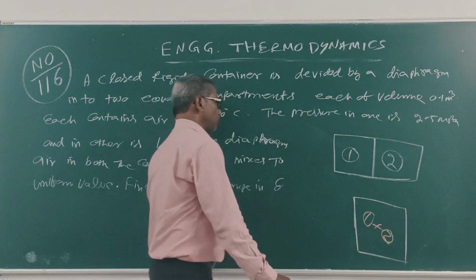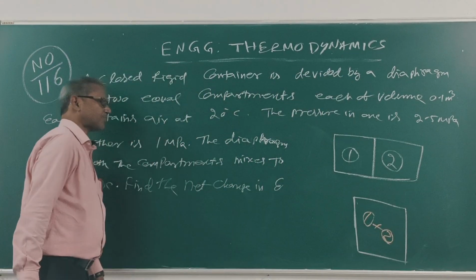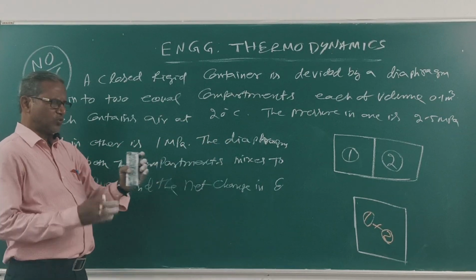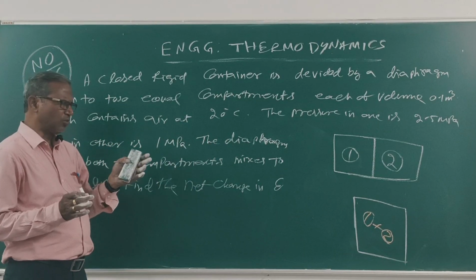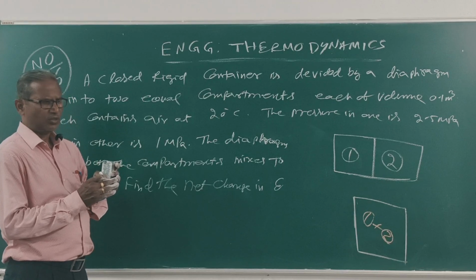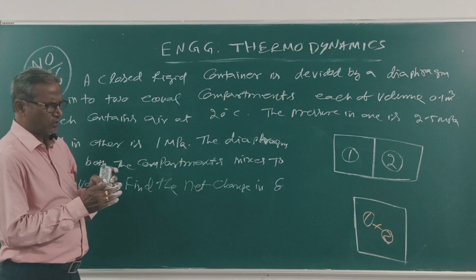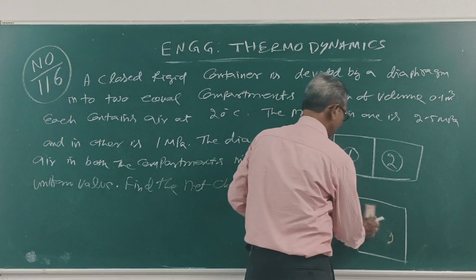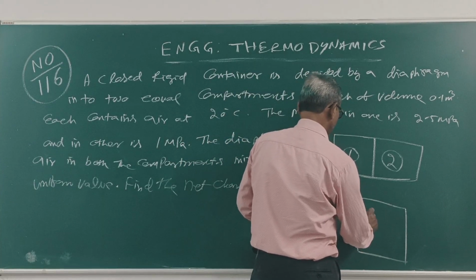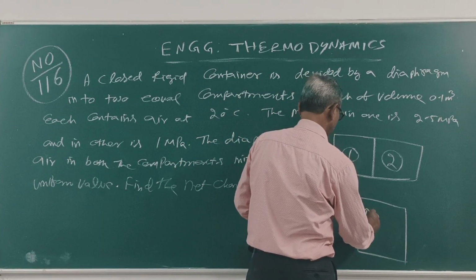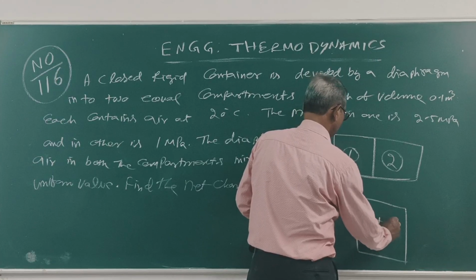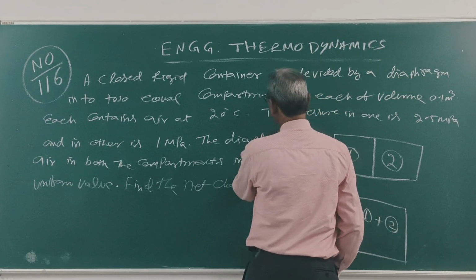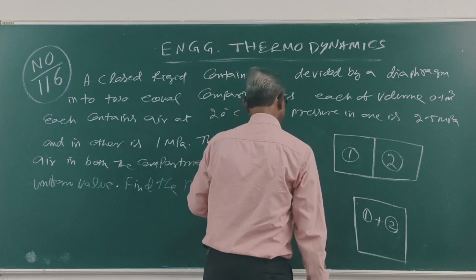When the diaphragm between 1 and 2 is removed, both are mixed together, so both become 1 plus 2.